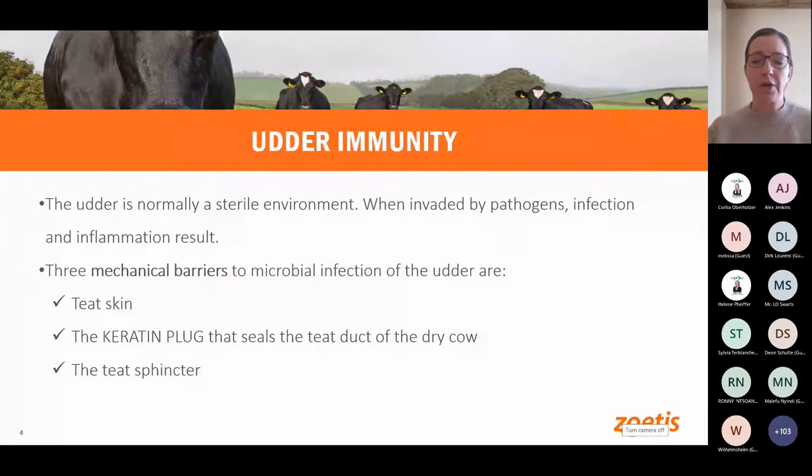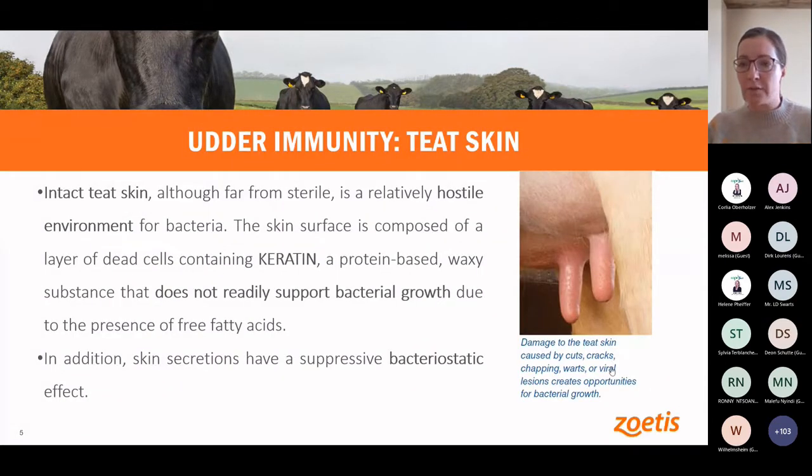All right, so let's look at the teat skin, right? Usually when it's intact and well cared for, it's quite hostile for bacteria. The reason for that is that it's composed of a layer of dead cells containing keratin. This is quite a waxy substance, so it doesn't support bacterial growth.